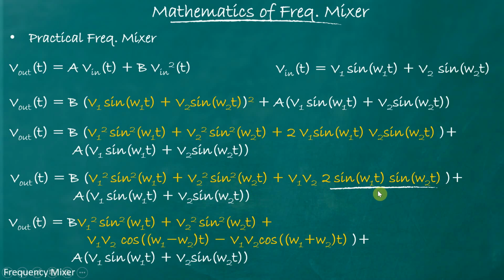To use the trigonometric formula 2 sin A sin B, the terms are rearranged. 2 sin A sin B means it is cos (A minus B) minus cos (A plus B), so that is being used here.